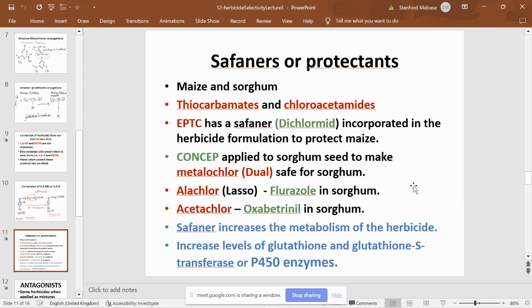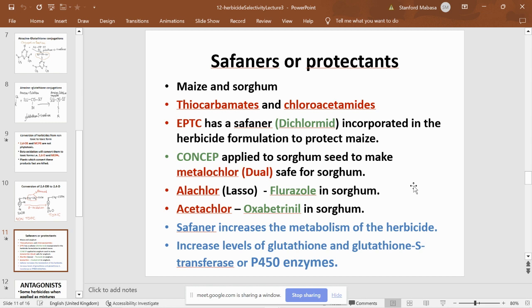For example, EPTC has a safener added to it, known as dichlormid, which is incorporated in the herbicide formulation so that it will not kill maize. EPTC without dichlormid will damage maize.